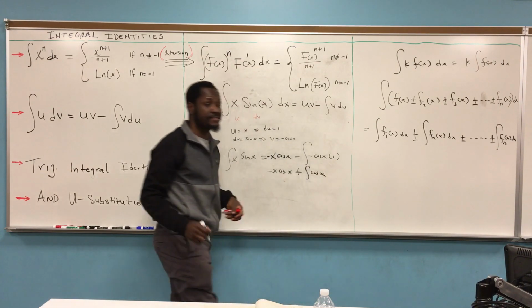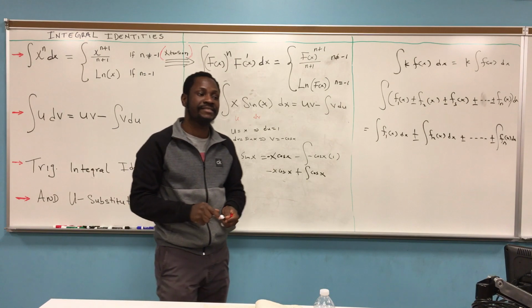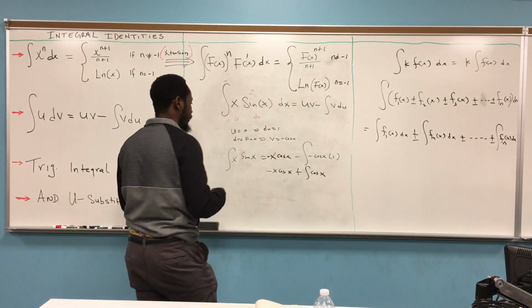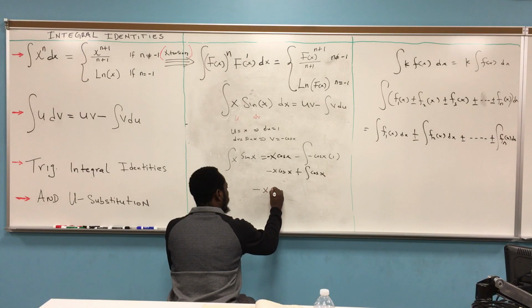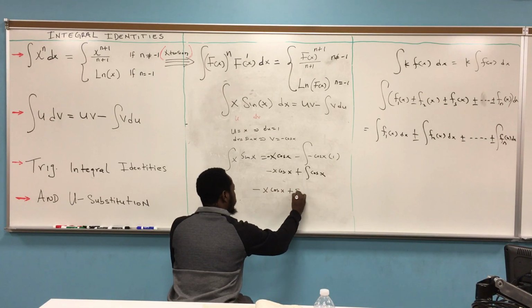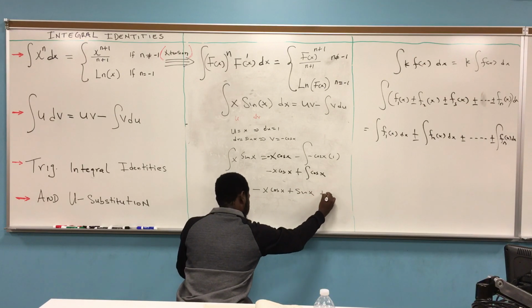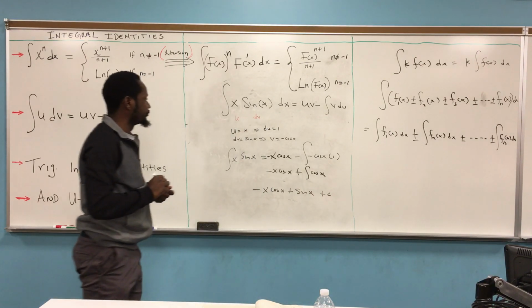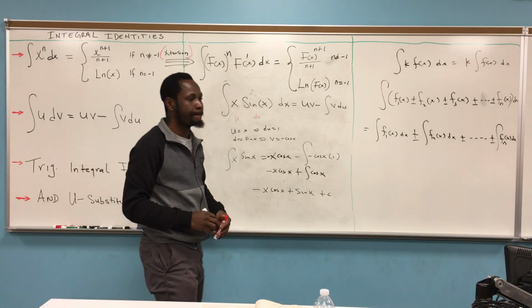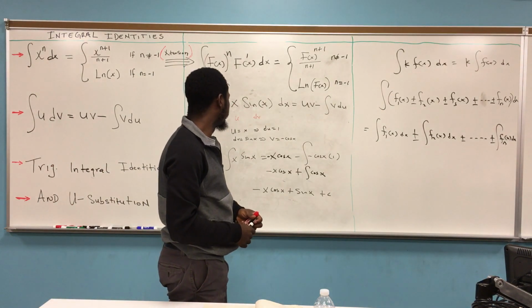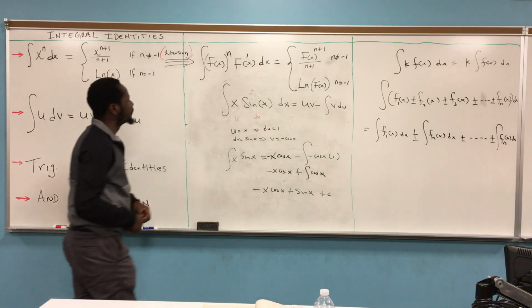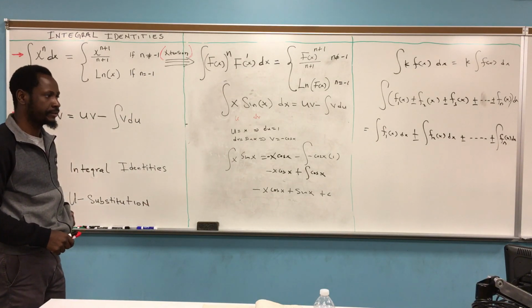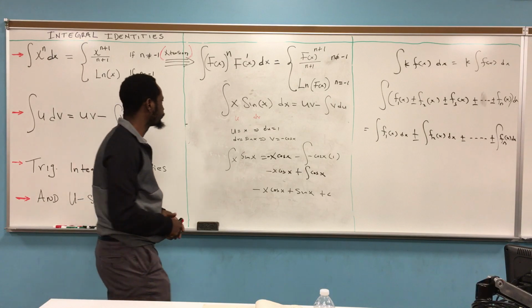The derivative of sine x gives me cosine x, so the integral of cosine x will give me sine x. So this will give me minus x cosine x plus sine x plus c. Very dissimilar, but it is easy to integrate that using by parts.